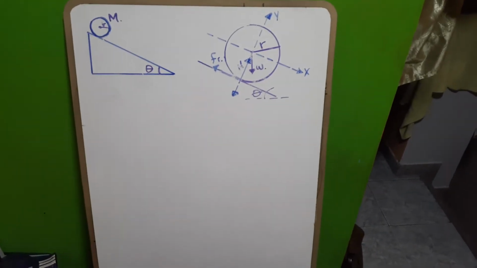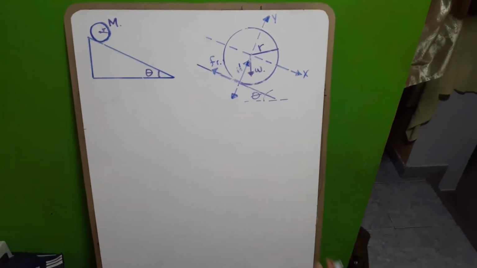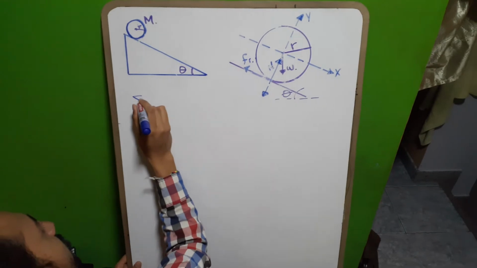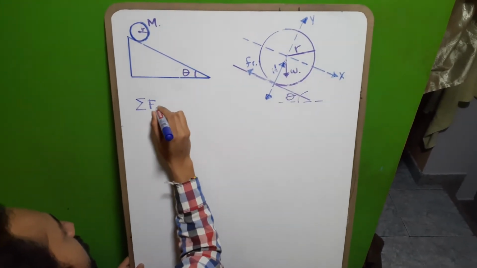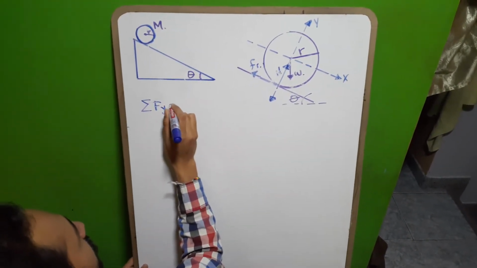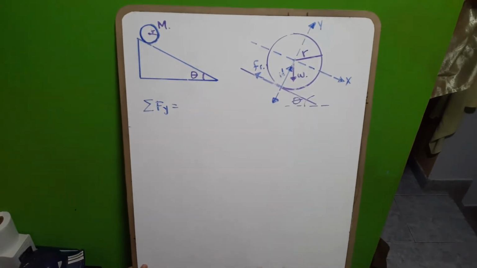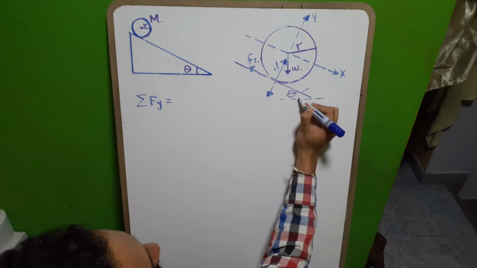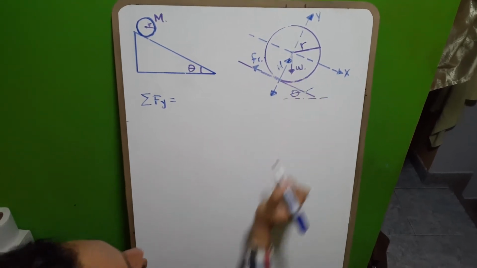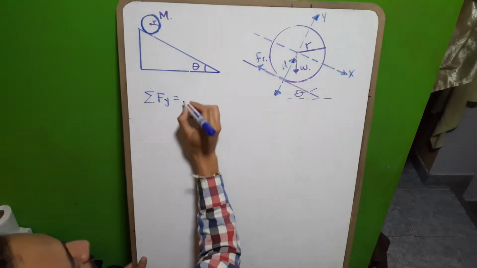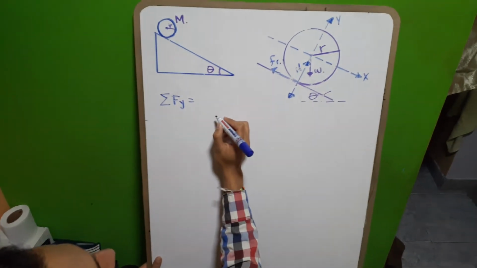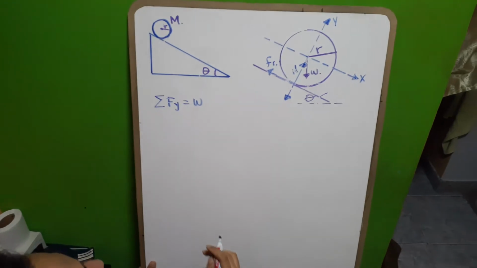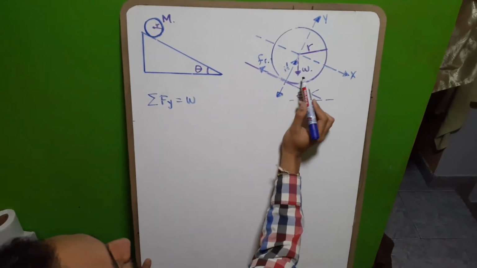The force in the axis y: this angle is this angle, W is the weight.